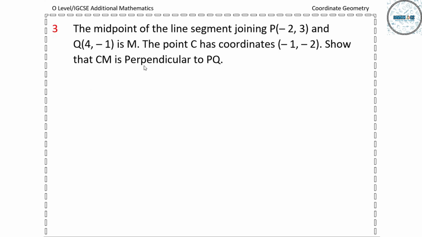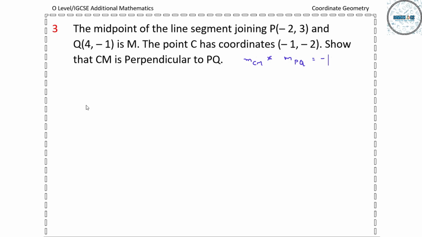If we have to show that CM is perpendicular to PQ, it means that the gradient of CM multiplied by the gradient of PQ is equal to minus 1. So we will take out the gradient of CM and the gradient of PQ.